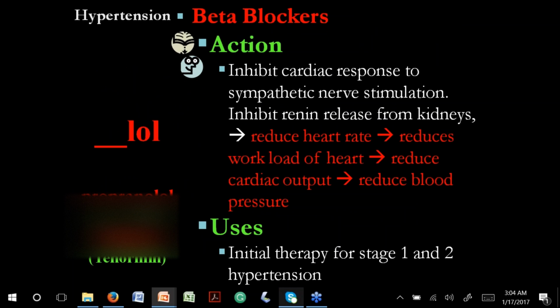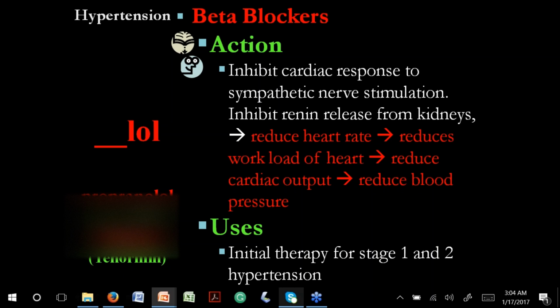There are a few things that we need to remember. First of all, the suffix is -lol: propranolol, atenolol, and there are many more of these, but I put the prototypes here. Propranolol is nonselective. Atenolol is a selective beta-1 blocker.